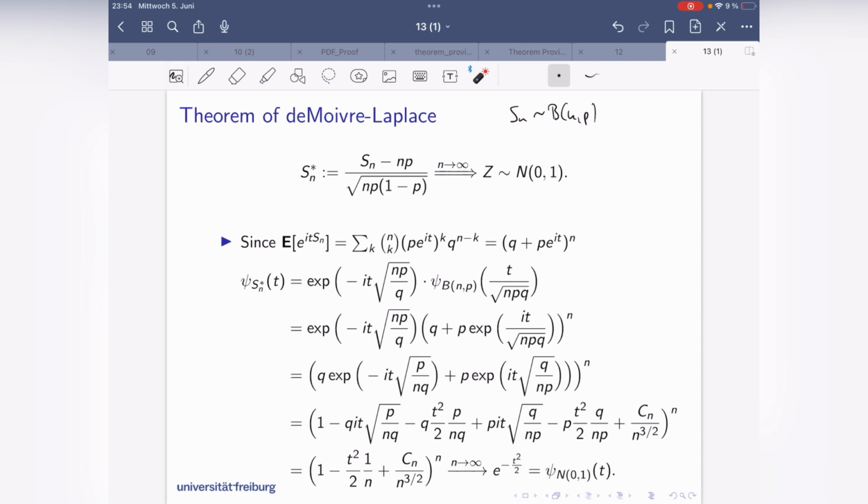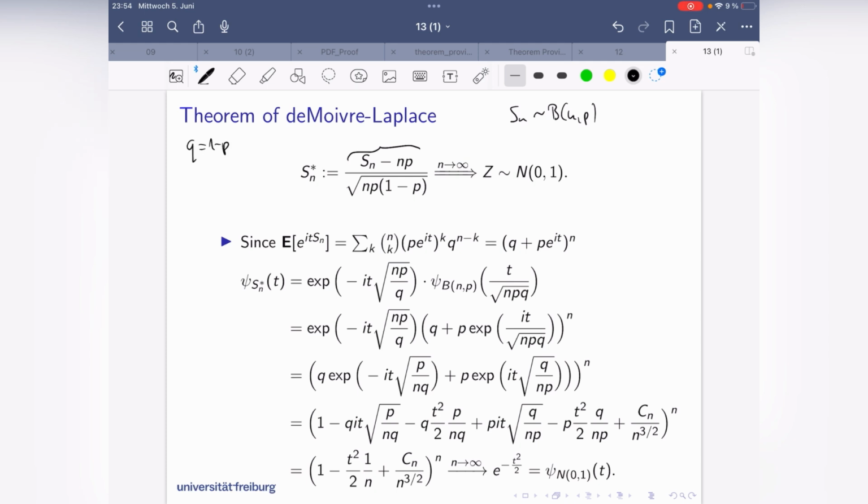Okay, one has to be a bit careful about all terms here. So apparently this here is the same as, let's first of all say q is 1 minus p, as often.